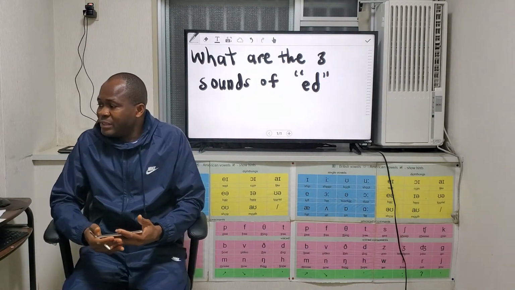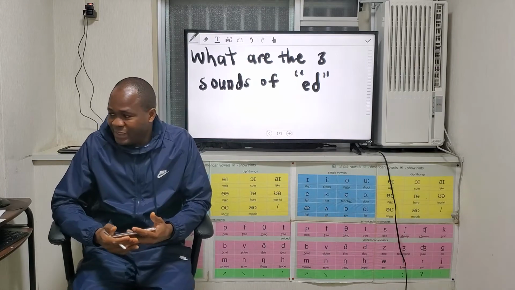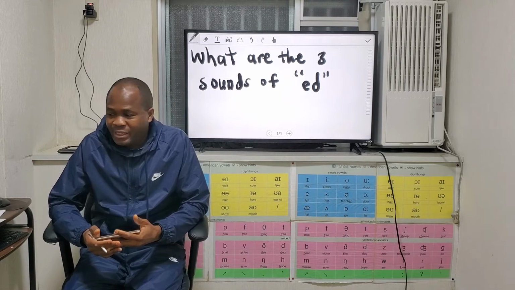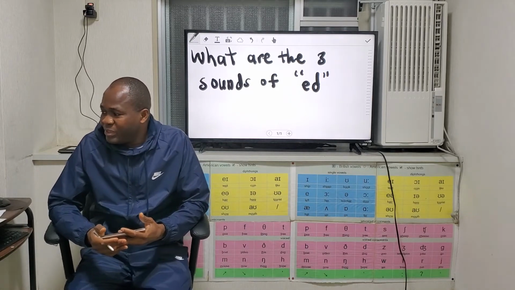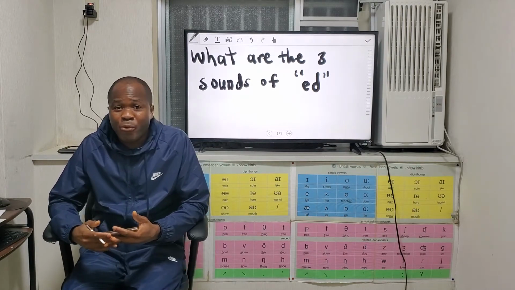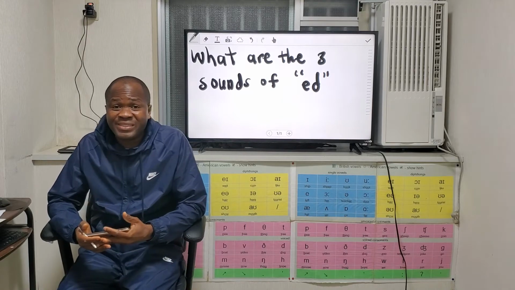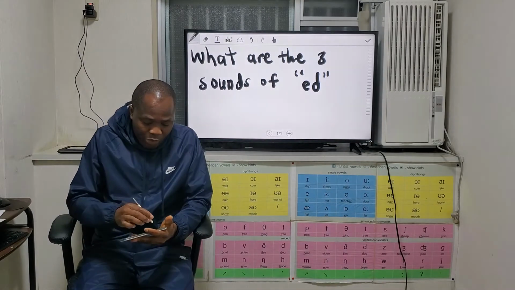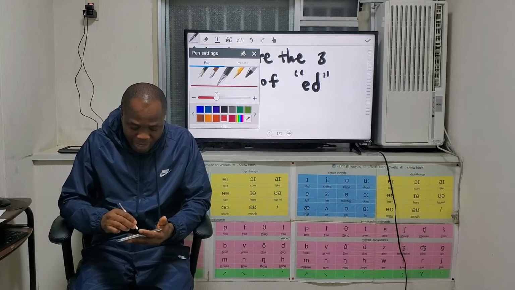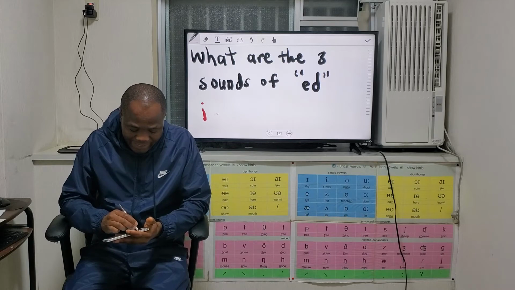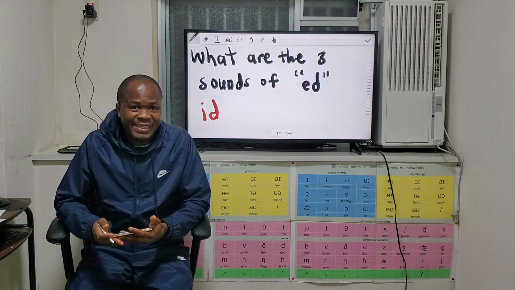So what are the three sounds of ed? There are three ways to pronounce the ed ending of regular verbs in the simple past tense. Number one, we can pronounce it as id.